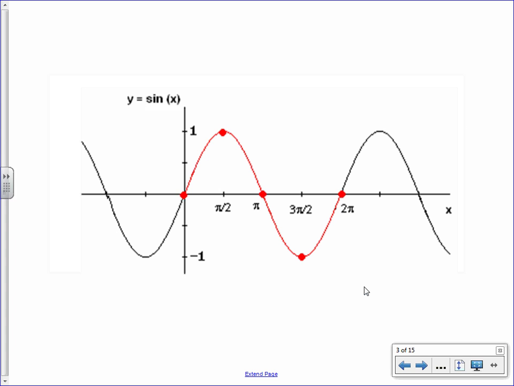So this is oscillating back and forth. This pattern is going to repeat over and over. Obviously, we're not going to draw every single wave. We'll focus on a chunk of the graph, but this is going to continue on in both directions. I'm just going to repeat that wave pattern.